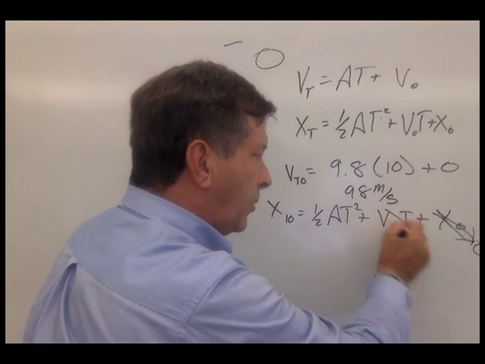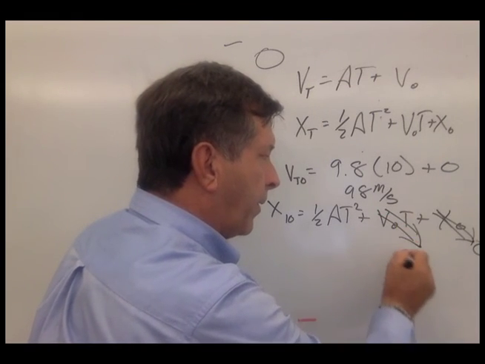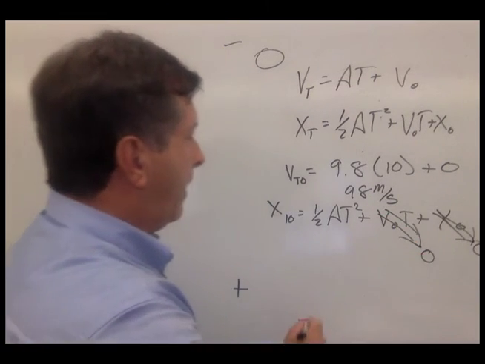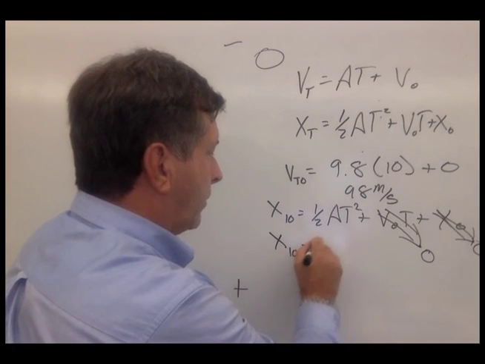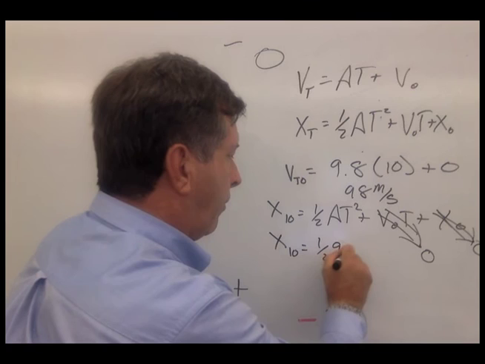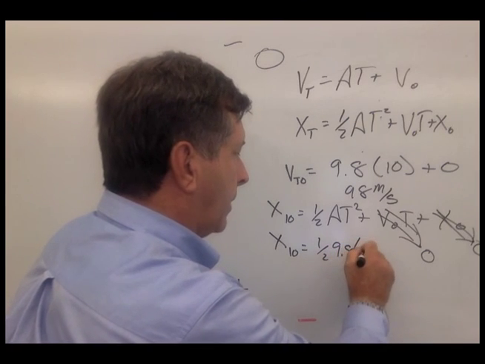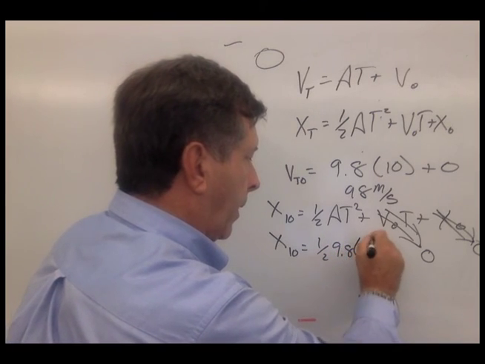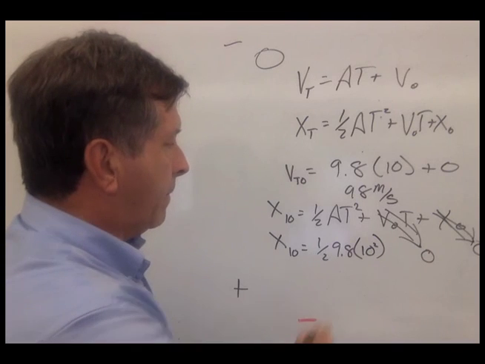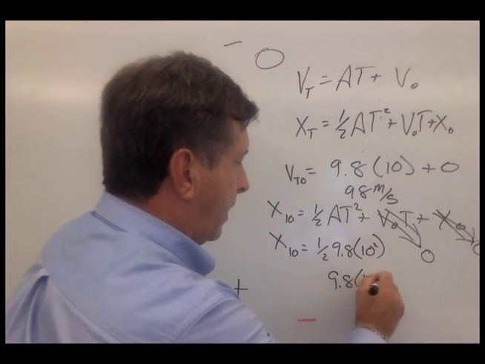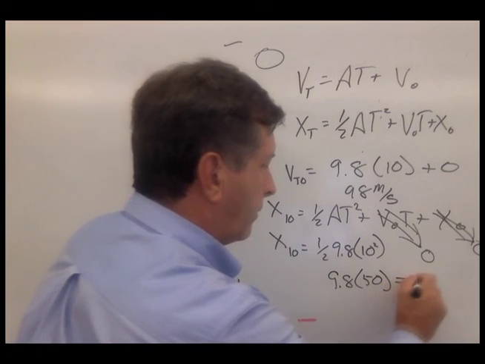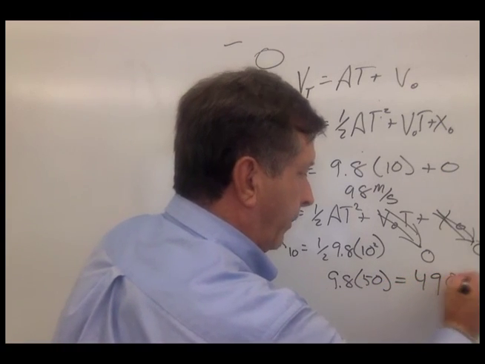His initial velocity vertically was 0, and this is going to give us x at time 10 equals 1/2 times 9.8 times 10 squared. This is 9.8 times 50, which is equal to 490 meters.